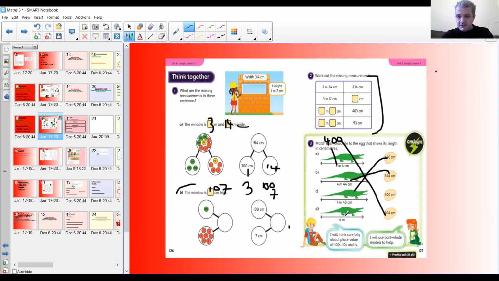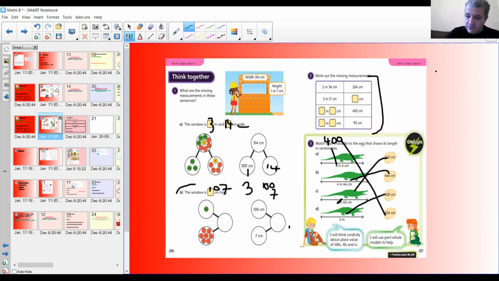4 metres. 1 metre is 100 centimetres. Therefore, 4 metres is 400 centimetres. The equivalent to 4 metres, 4 centimetres is 404 centimetres. The equivalent to 4 metres, 44 centimetres is 444 centimetres.